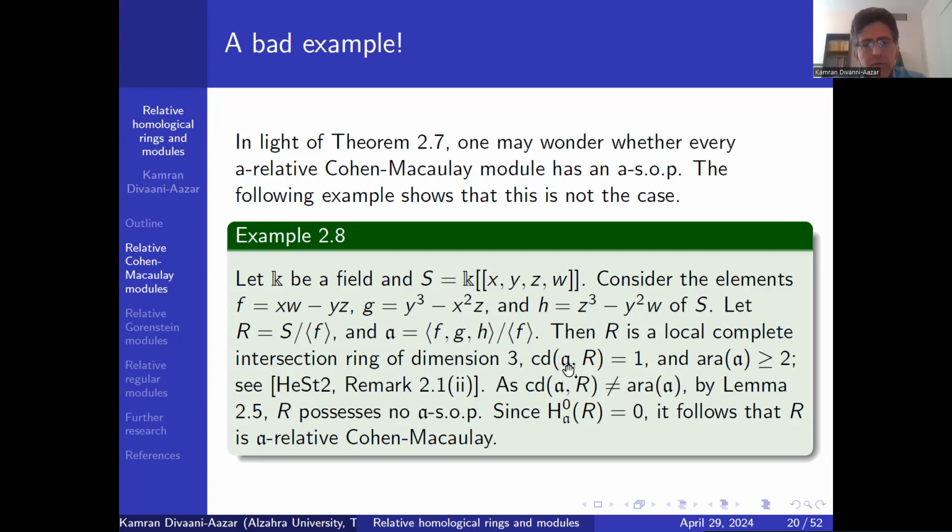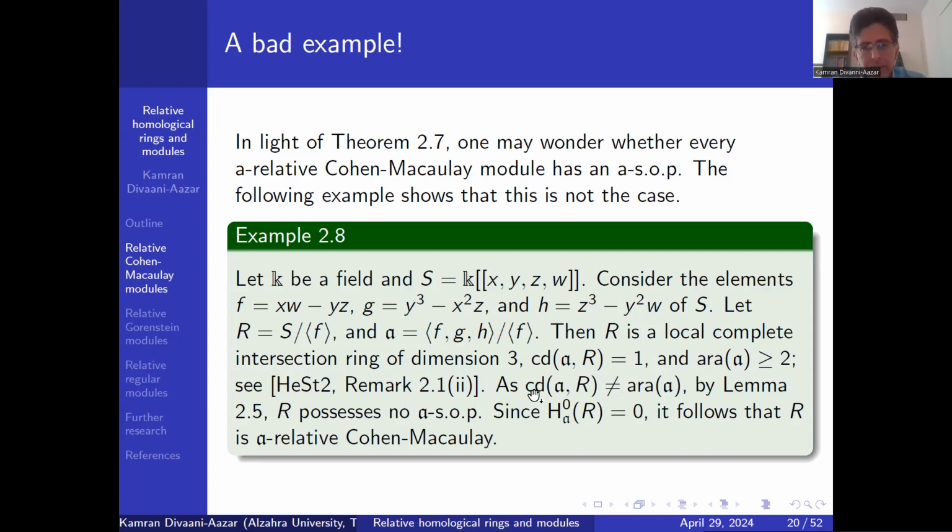The homological dimension of A is 1, and the arithmetic rank of A is greater than or equal to 2. So since these two are not equal, by our characterization for the existence of an A relative system of parameters, R doesn't have any A relative system of parameters.